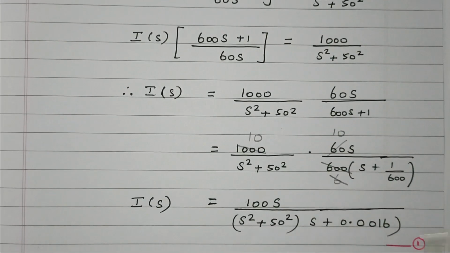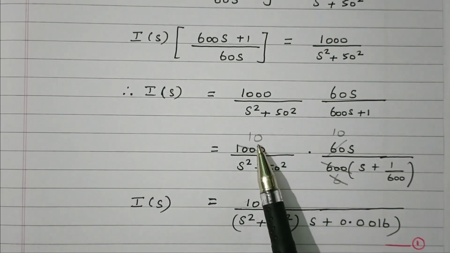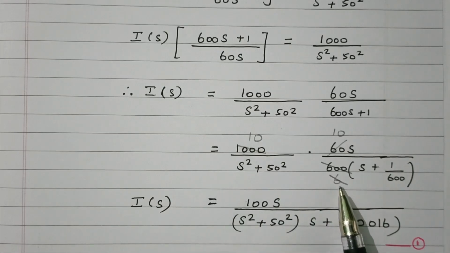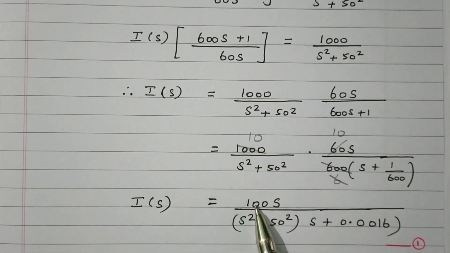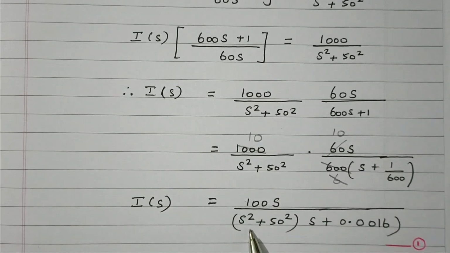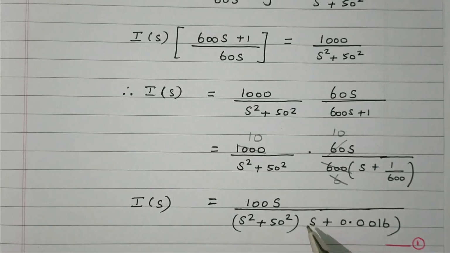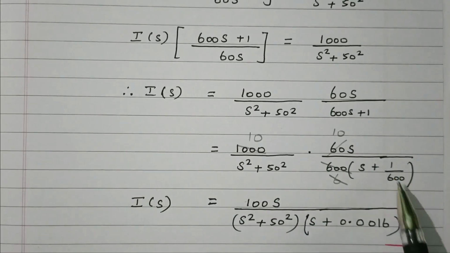Finally we get 100s divided by s square plus 50 square into s plus 1 divided by 600, which is 0.0016. Now we'll call this equation number 1.